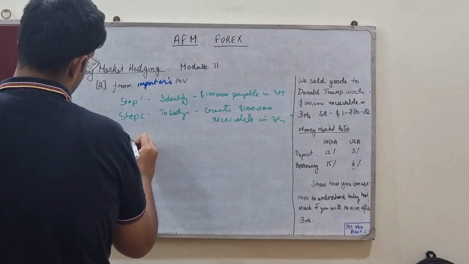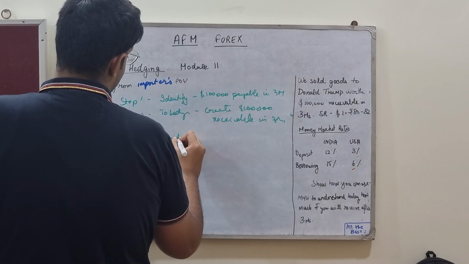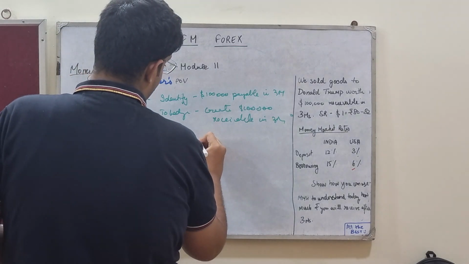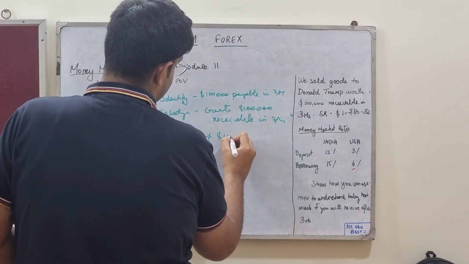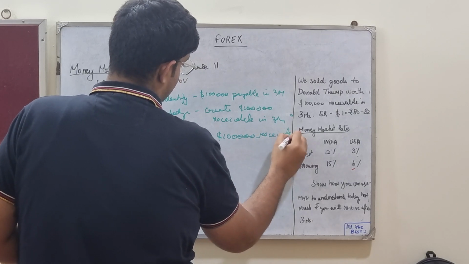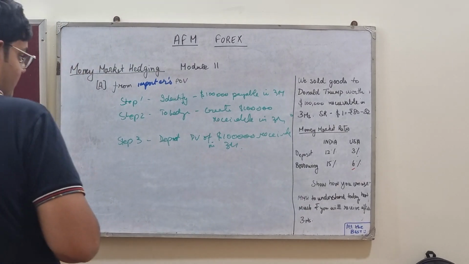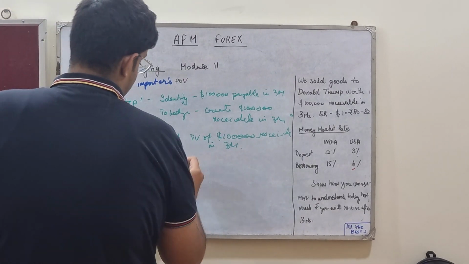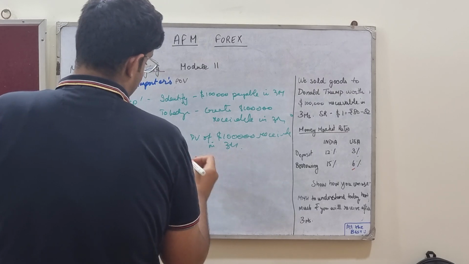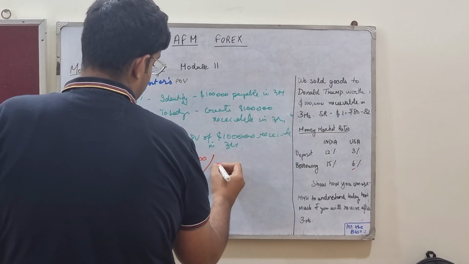Step 3 would be deposit the present value of $100,000 receivable in 3 months. So basically it will be the same formula, just that the rates will change and it will be minus.